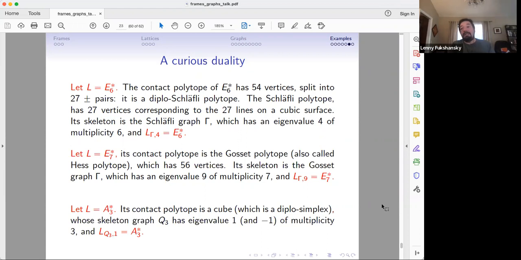Start with A3 star. Its contact polytope is a cube, the Diplo simplex. The skeleton graph is Q3, the cube graph, which has eigenvalue 1 of multiplicity 3. You apply our construction, and you get A3 star back.